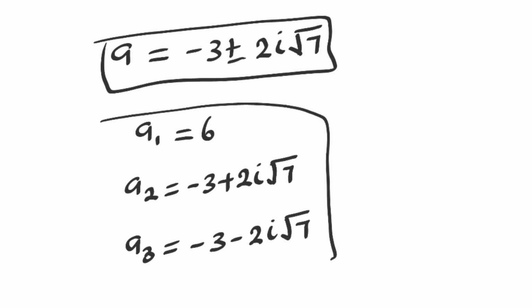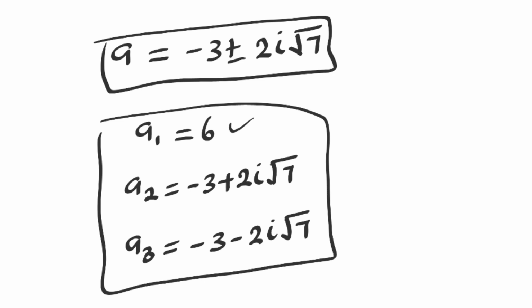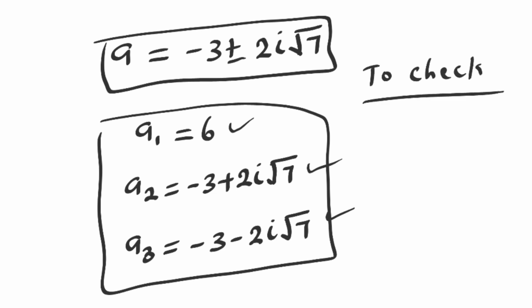You can see that we have one real root and two complex roots. We may check to confirm if this answer is right or wrong. Let's check. To check, the given equation is a raised to power 3 plus a is equal to 222.